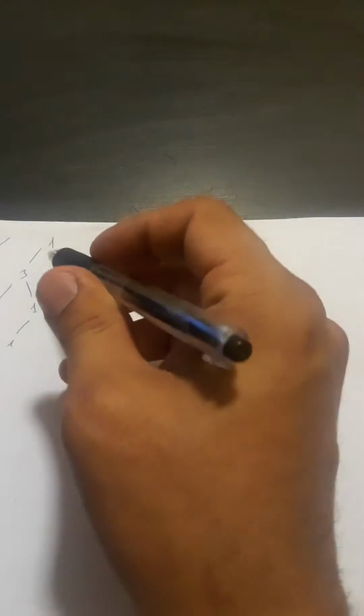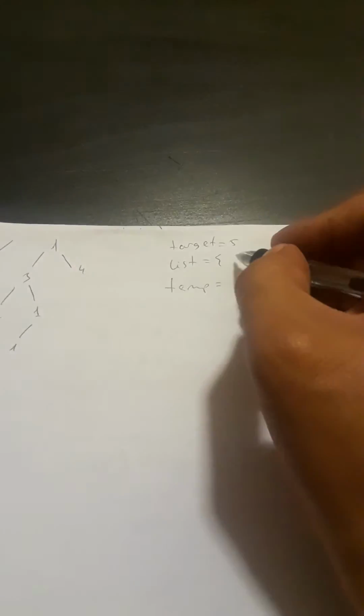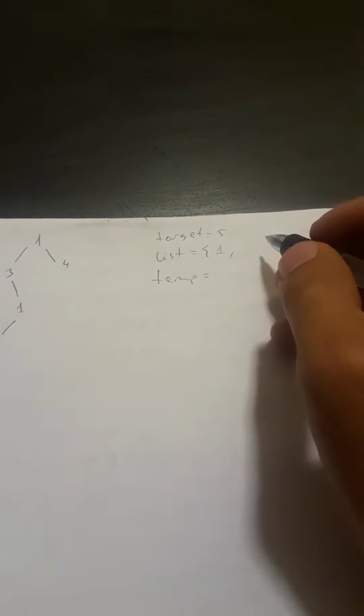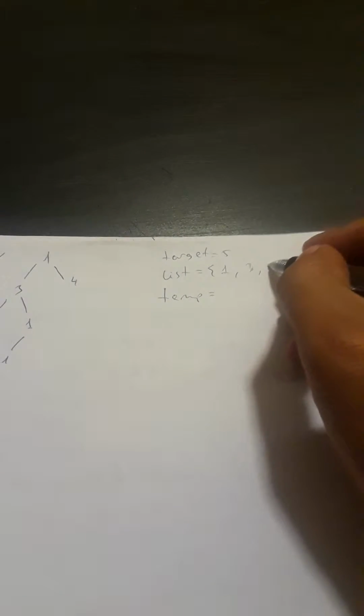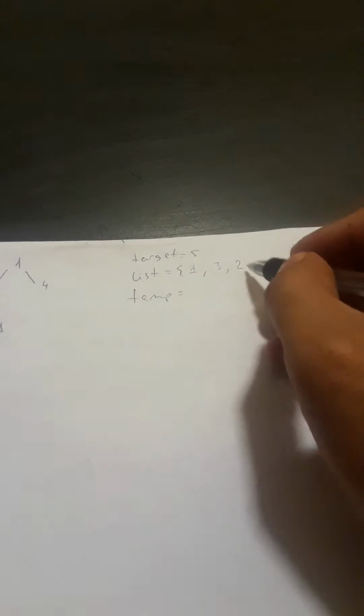So how are we gonna do this? First, starting from the first node, we'll add it to the list. Then we will go to the next element, which is 3, and then we'll add the next element, which is 2, to the list.